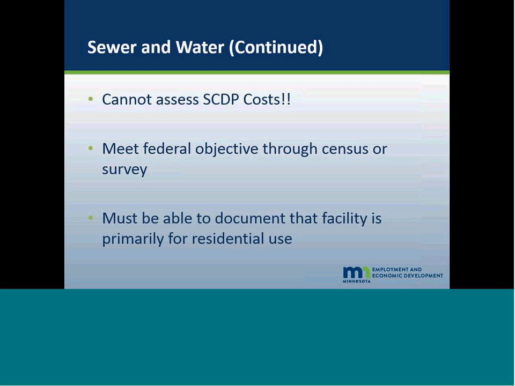We have to document facilities primarily for residential use, and this will be a question on both the preliminary proposal and the application. Sewer lines cannot run with small cities money in any type of project, but sewer lines could be done with small cities owner-occupied rehab funds.